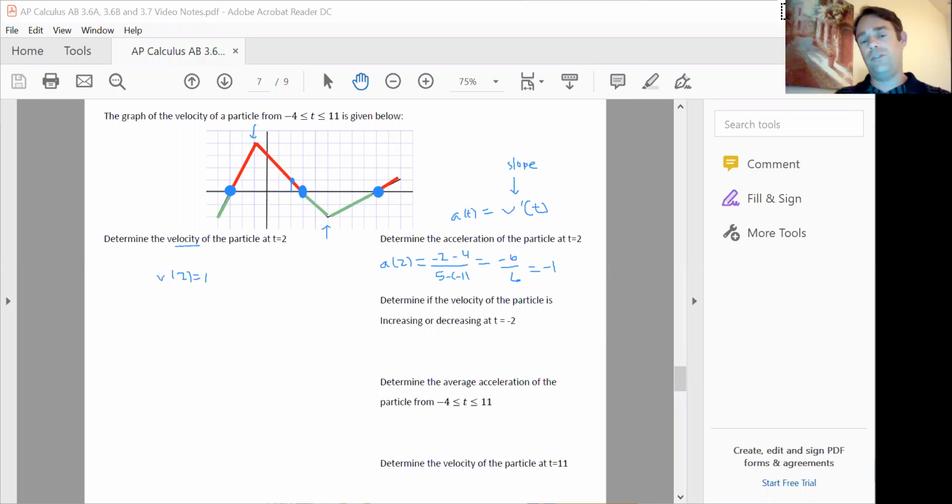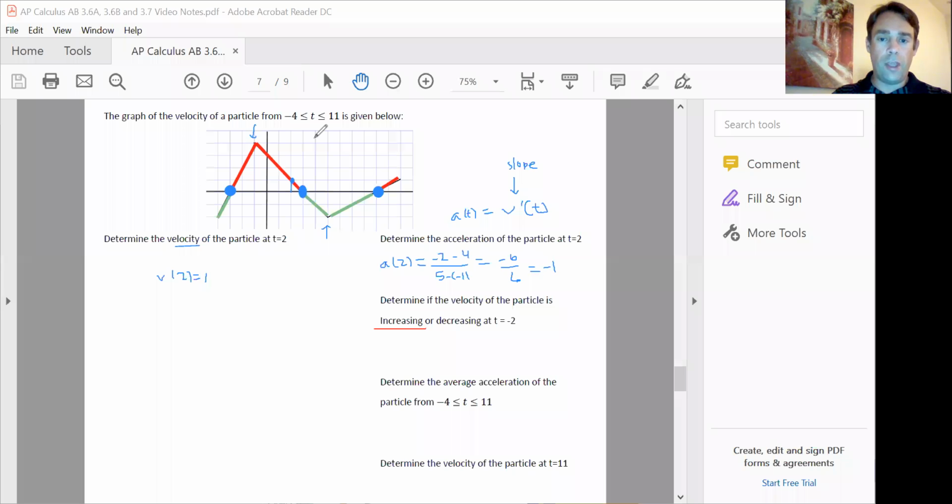So is the velocity increasing or decreasing? Now remember, if it's increasing or decreasing, that means we are talking about acceleration. Okay, so what is the acceleration, what is the rate, at t equals -2? So we come over here to t equals -2.